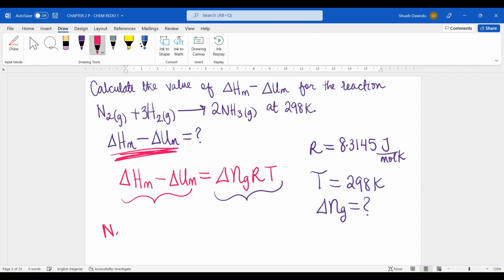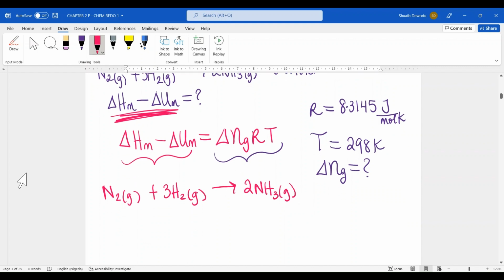So we have the N2 gas plus 3H2 gas giving 2NH3 gas. To do that, we have to do the product minus the reactant.